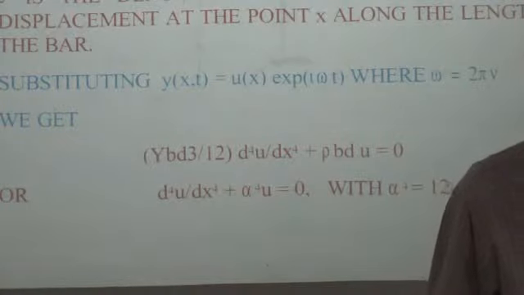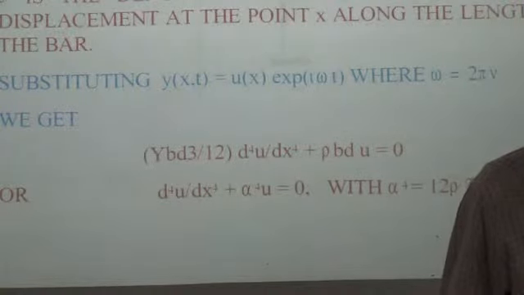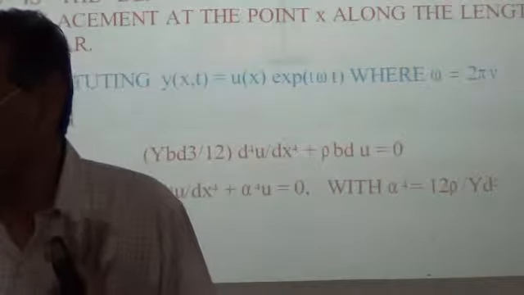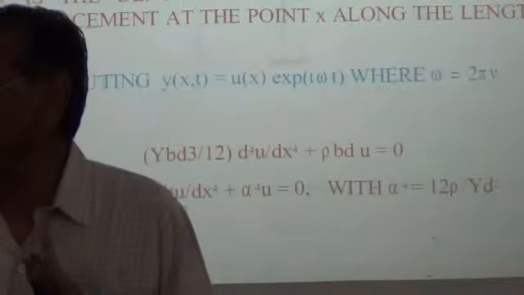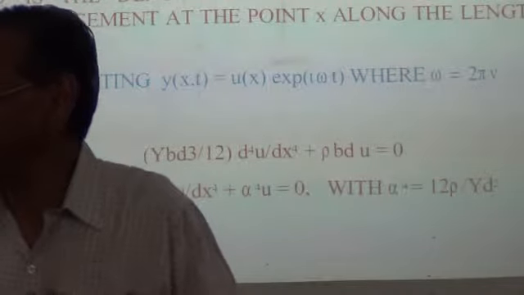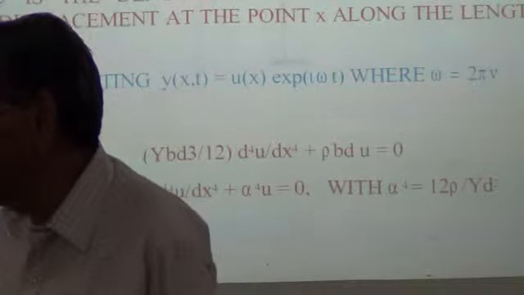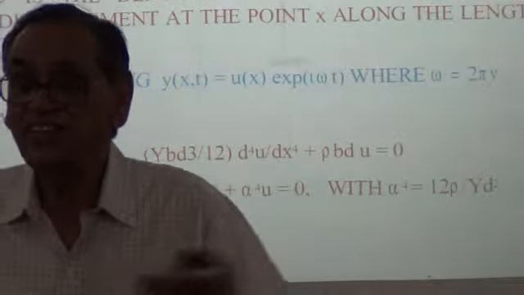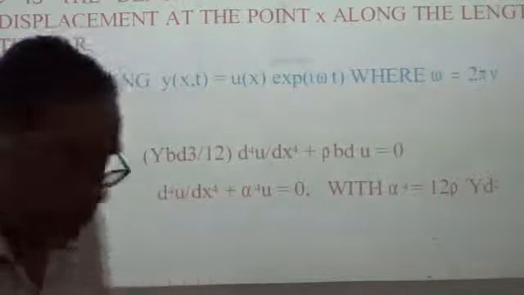It will have 4 independent solutions: e power alpha x, e power minus alpha x, e power i alpha x, e power minus i alpha x. These are the 4 solutions which will satisfy this equation. So a general solution is a combination of the 4.